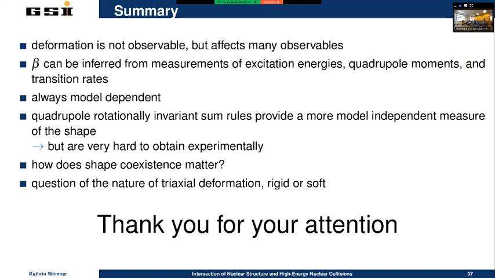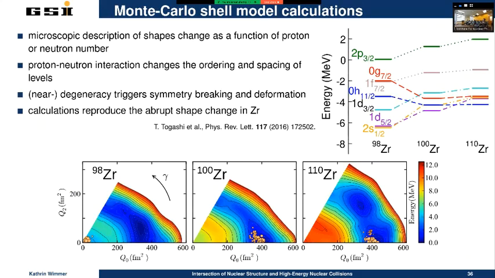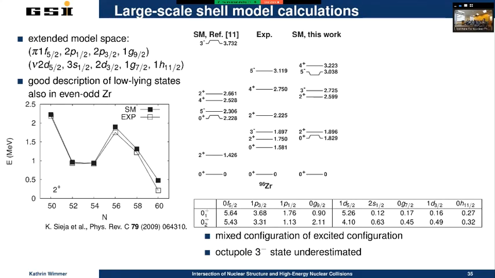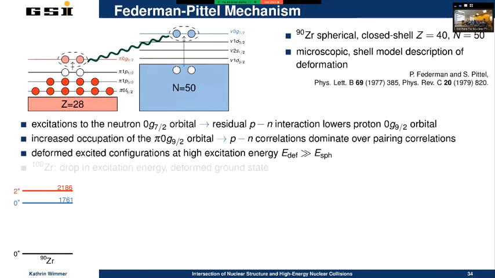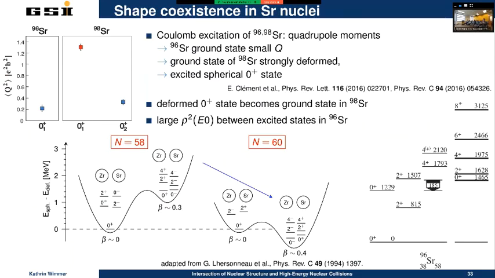But I do have one more question actually. This is the zirconium evolution, right? If you go back to the beta landscape where you show when you add neutrons, yeah, this plot. There's also beta 3. So I wonder, is there some interaction between the beta 3 degree of freedom and beta 2?